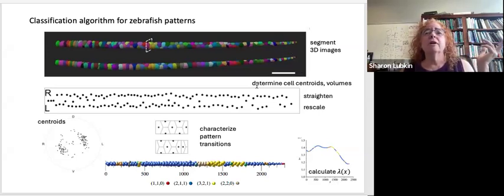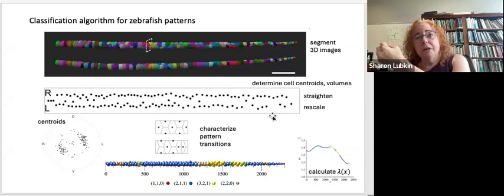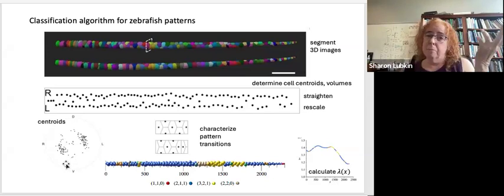So the segmentation, there are macros already for finding the centroids and the volumes. That's fairly easy. But then we needed to mathematically straighten and rescale these things so that we could do a comparison along the length within a single notochord, which is tapering and so on, and where the cells may not be of equal volumes.